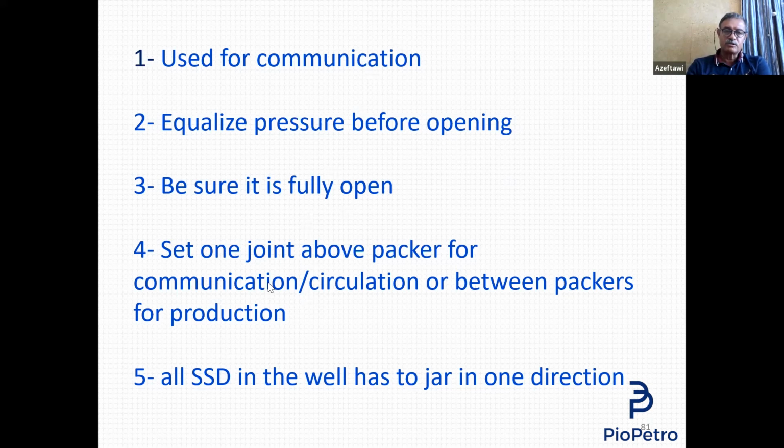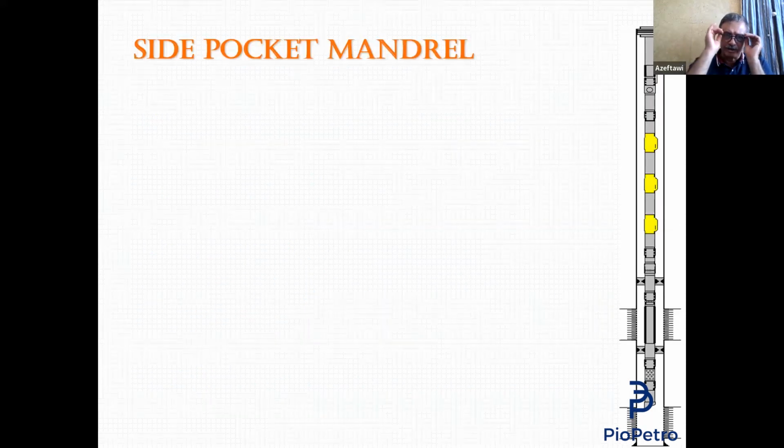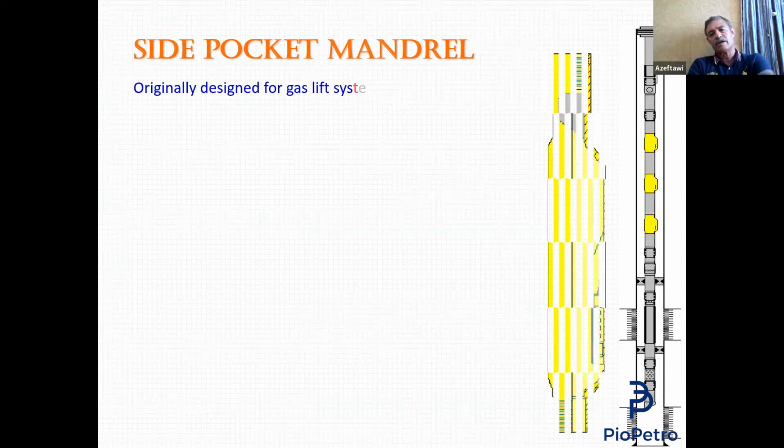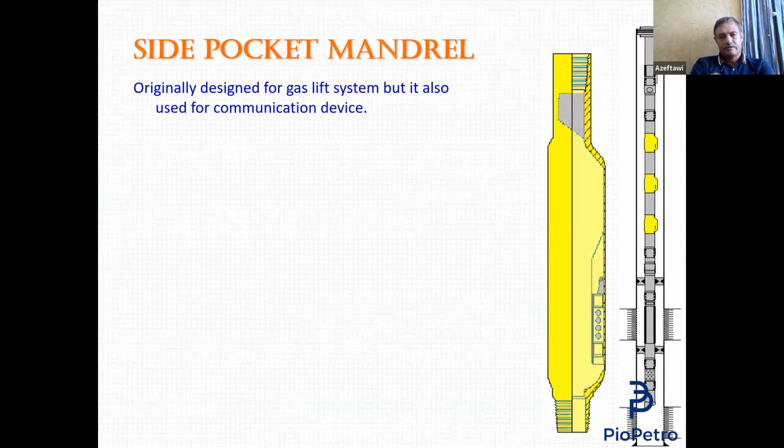Another device we use is what we call a side pocket mandrel. What you see here in yellow color is a side pocket mandrel, which is a short pipe, but it has a belly. In this belly, we hide a valve. We call it a gas lift valve. We use this device in completion.